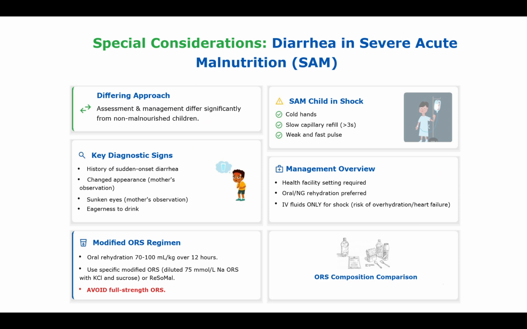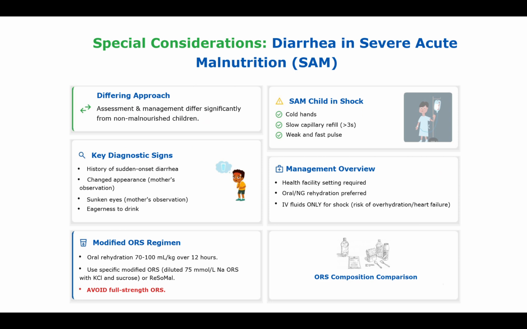When rehydrating, a modified ORS protocol is essential. Oral rehydration should be slow, typically 70 to 100 ml per kg over 12 hours, starting with a rate of 10 ml per kg per hour in the first 2 hours, then alternating with starter diets. Crucially, full strength ORS solution should not be used as it provides too much sodium and too little potassium for a malnourished child.